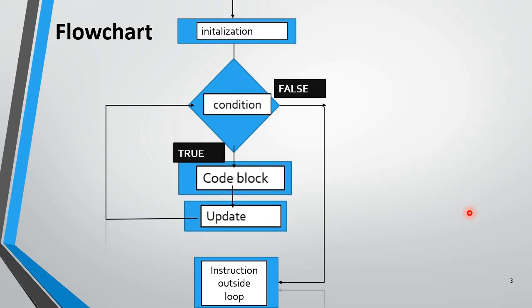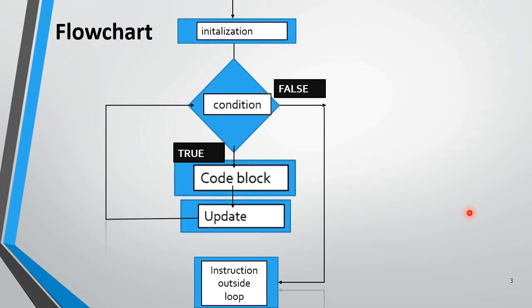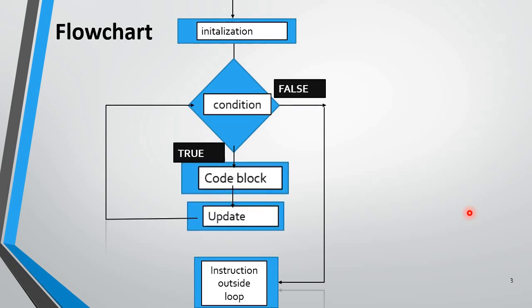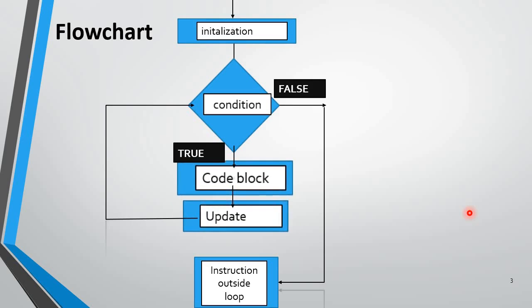Exactly. It is used where we may have to execute a block of code repetitively until some condition is met. Once the condition fails, the execution of the loop will be skipped and the next statement after the loop will execute.